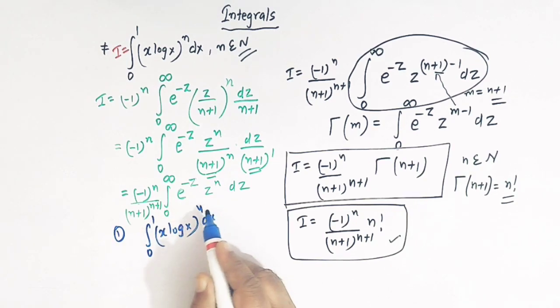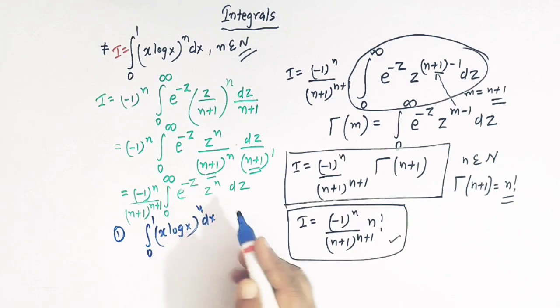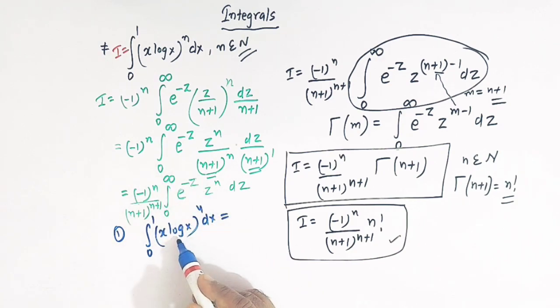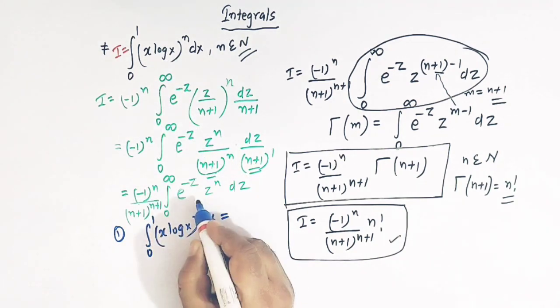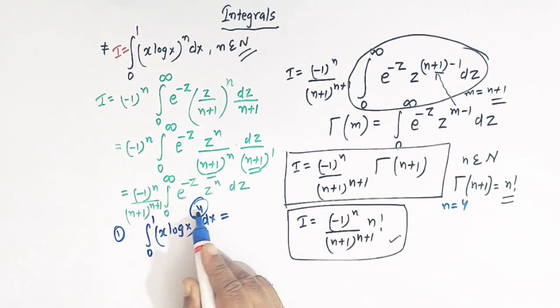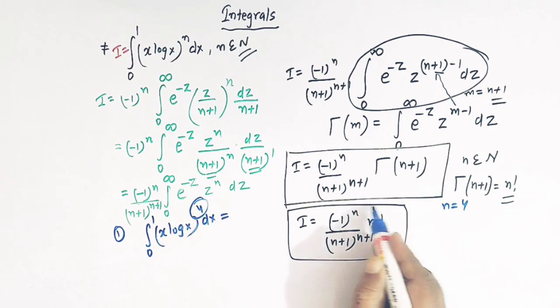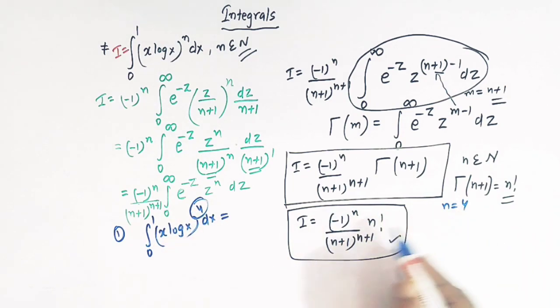Now suppose we have to find the value of the integral from 0 to 1 of x log x raised to 4. We can compare this integral with this one. The value of n is equal to 4, which is a natural number. So the value of this integral can be obtained by putting n equal to 4 in this result.